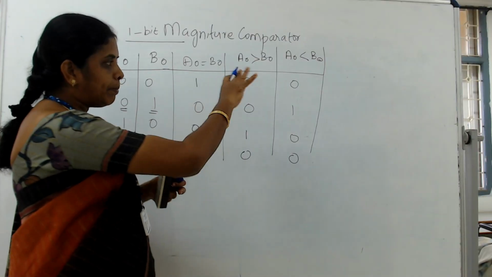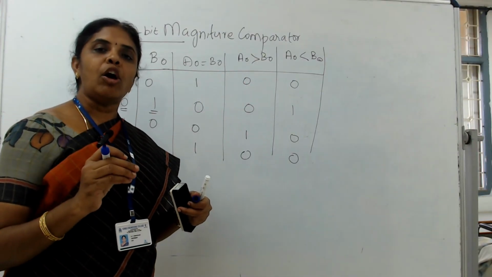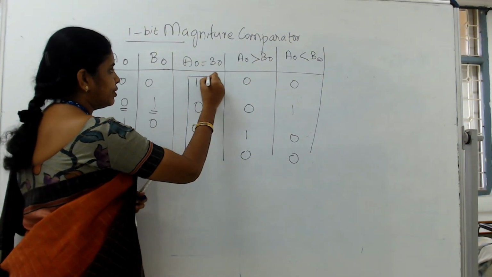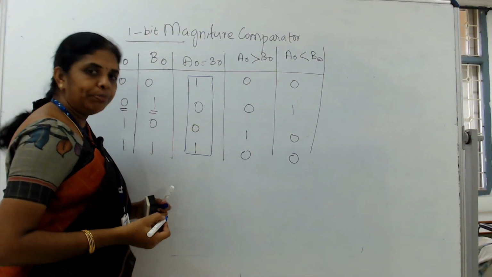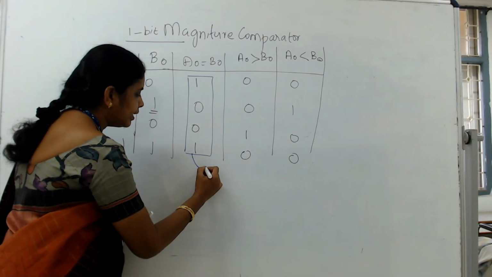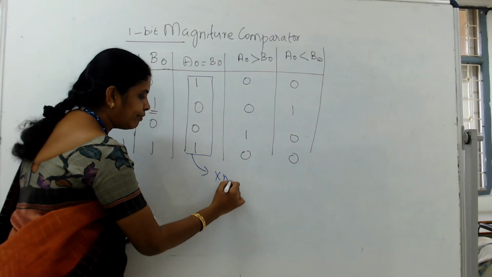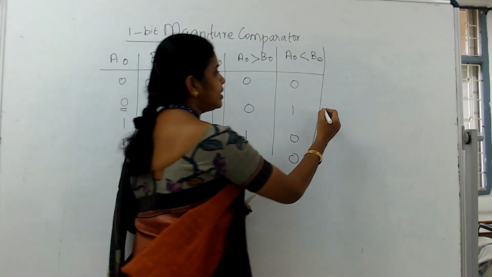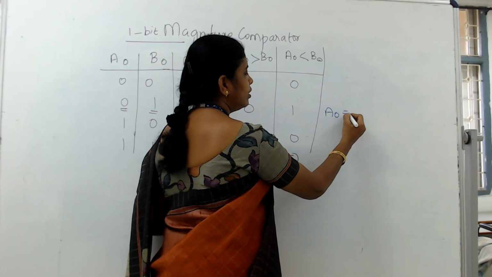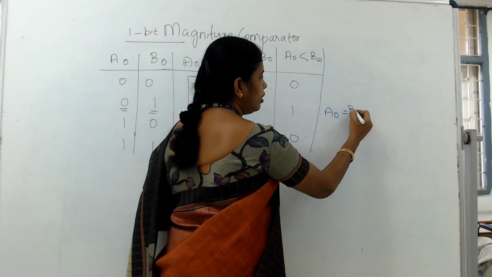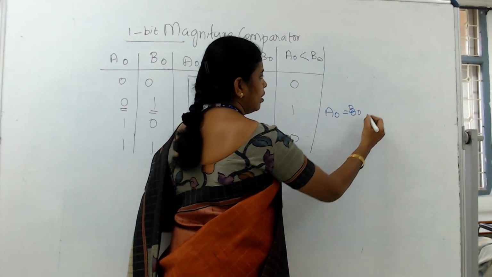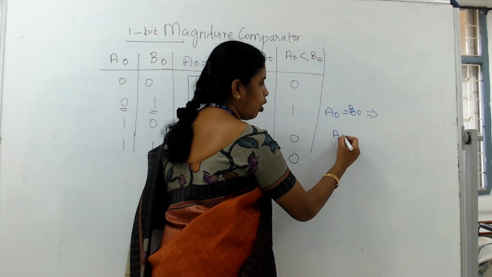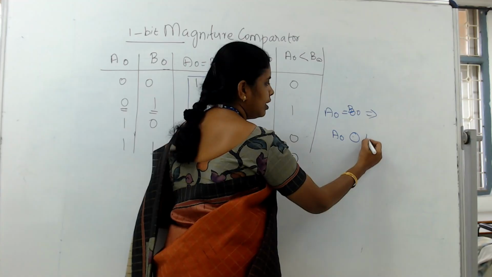Now from the truth table, you have to find the output expressions. The expression for A naught equal to B naught is equivalent to the XNOR function, so the corresponding output is A naught XNOR B naught.